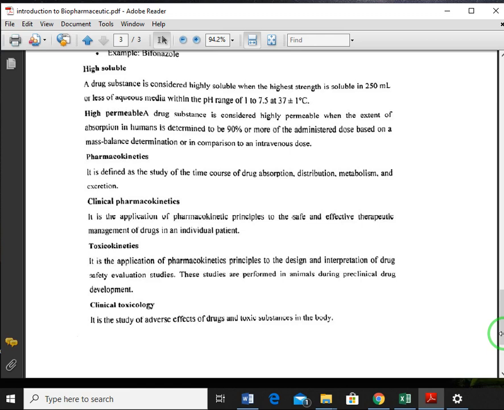A substance whose highest dose dissolves in 250 ml or less of aqueous medium within the pH range of 1 to 7.5 at 37 degrees centigrade, we say is highly soluble.